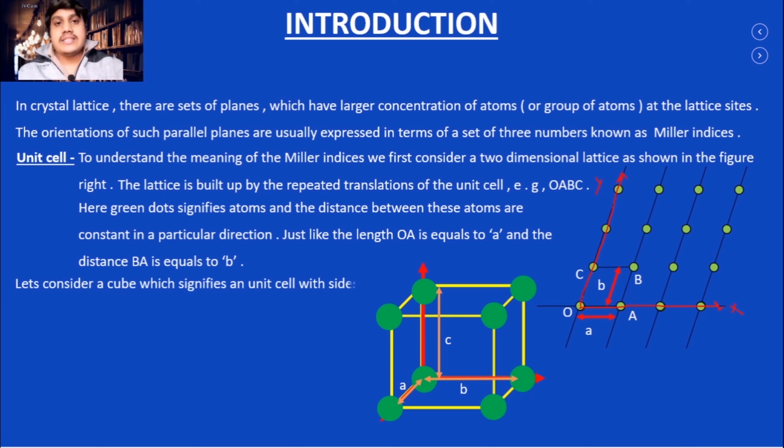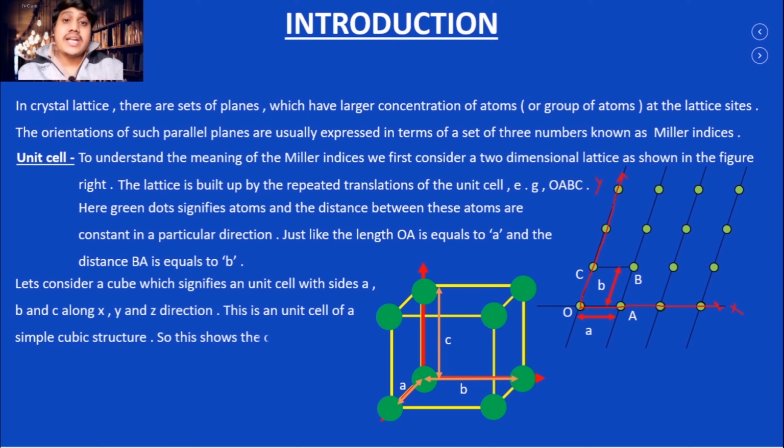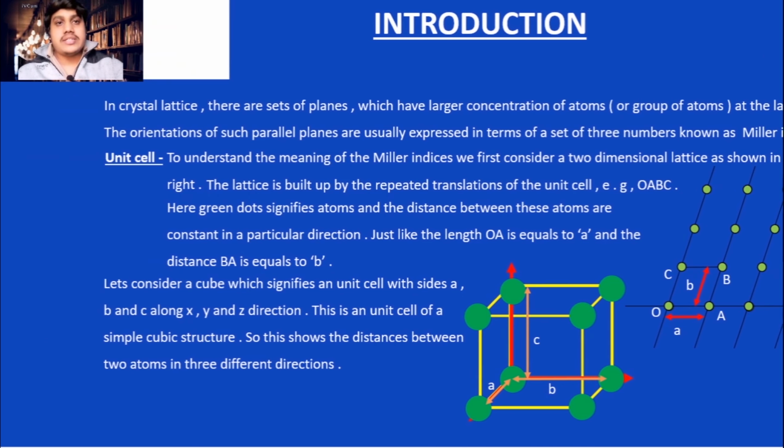This is the simplest structure you can assume of a 3-dimensional unit cell. It's basically called a simple cubic. There are many kinds of structures possible. That's not the topic for today; I'm going to tell you about it in another video. So let's get into the next page.